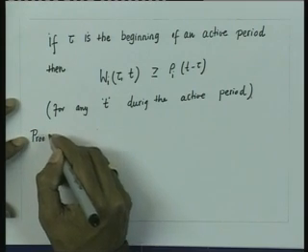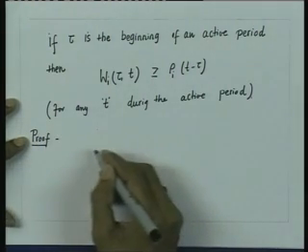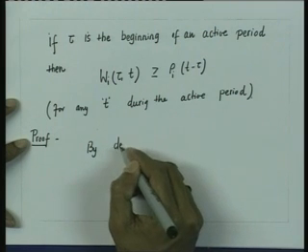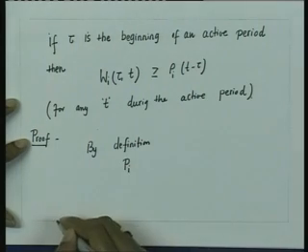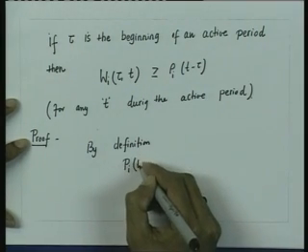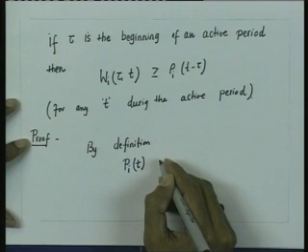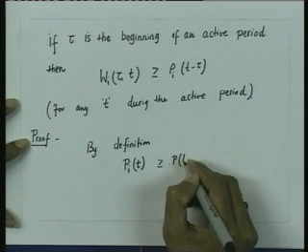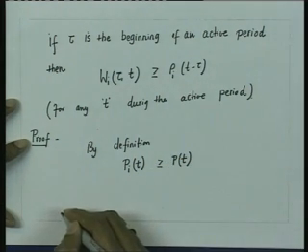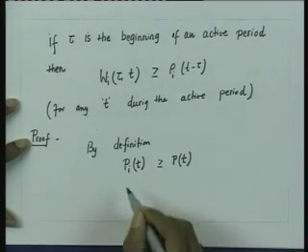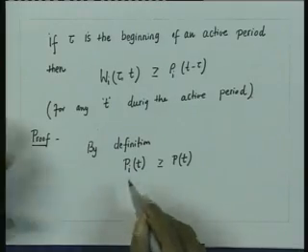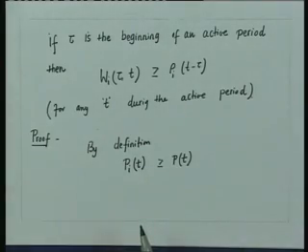So I will try to give a sketch of this proof. So we know by definition the potential of the session i will always be greater than or equal to the system potential at time t, where t is any time during the active period. That is by the definition of the active period.